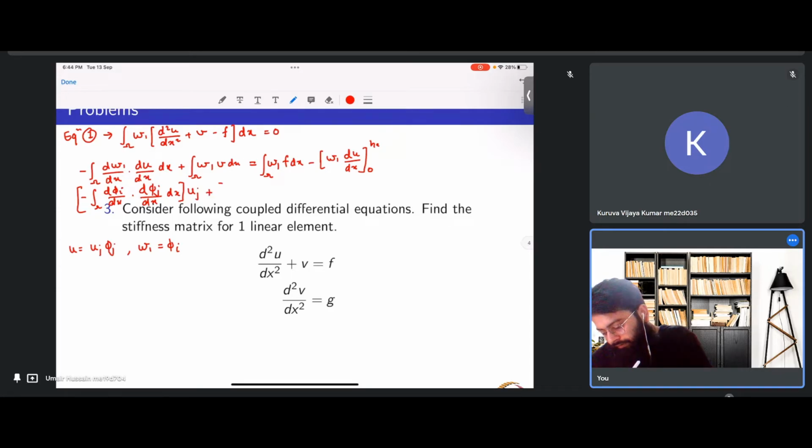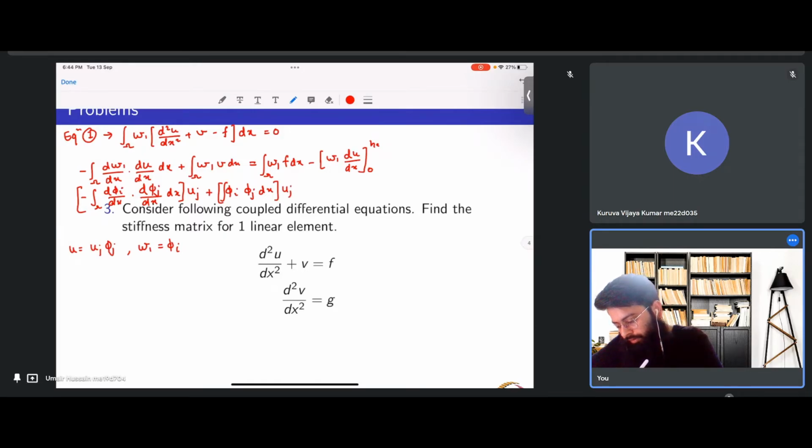Here we write phi, and this is j. And then we have uj here.